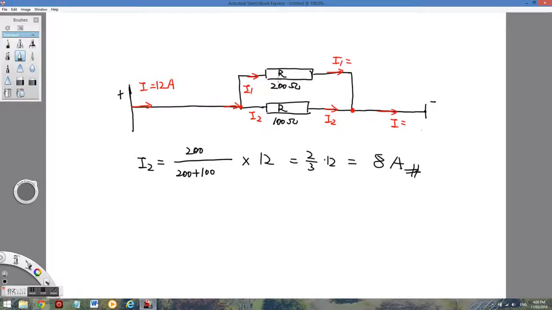Similarly, I1 will be 1/3, which is 4 amps. So I should have 4 amps on the top and 8 amps on the bottom. Altogether this should be 12 amps.